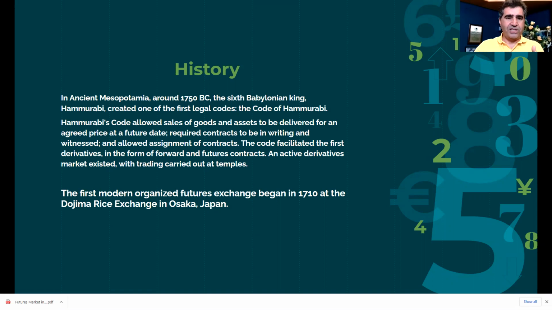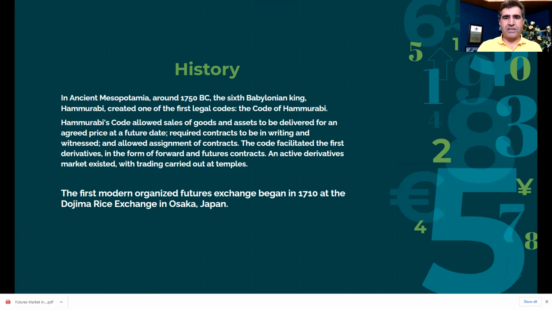You see these people are shouting, but believe it or not, the history goes back to 1750 BC, to Mesopotamia, the Babylonian king Hammurabi, and he created really the first code of trading the futures. Basically, he was allowing that people could sign a contract and deliver things in the future, and that's what futures comes from.